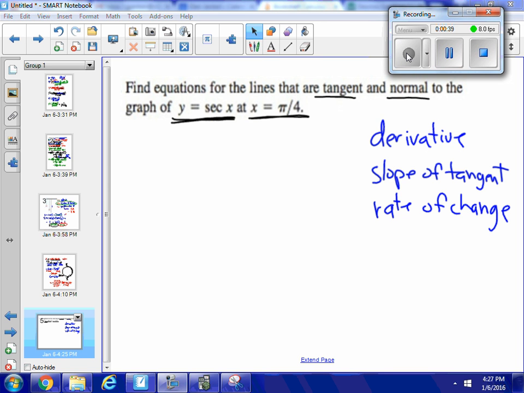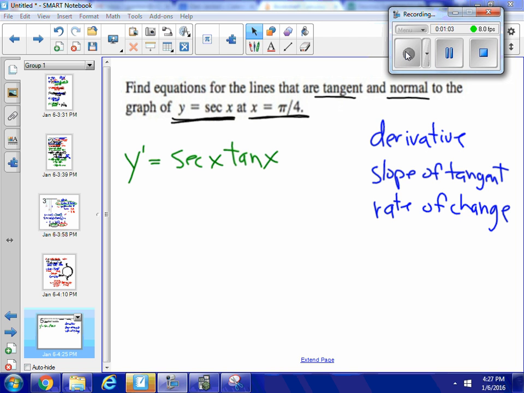So if I want to find the equation for the tangent of the secant x, I need to find the derivative of secant x. Just looking at my calculus formula sheet, I know that y prime is equal to secant x tan x.